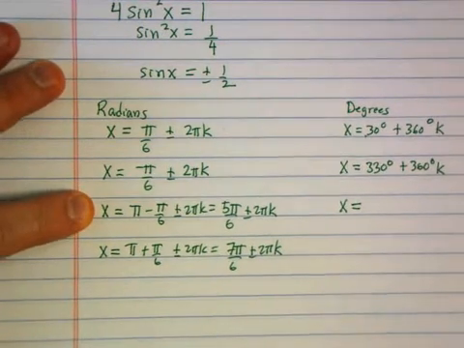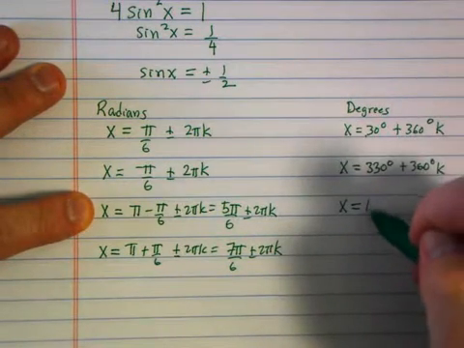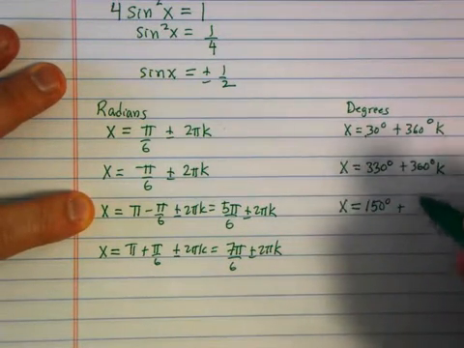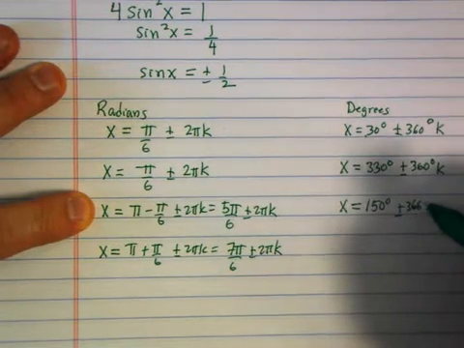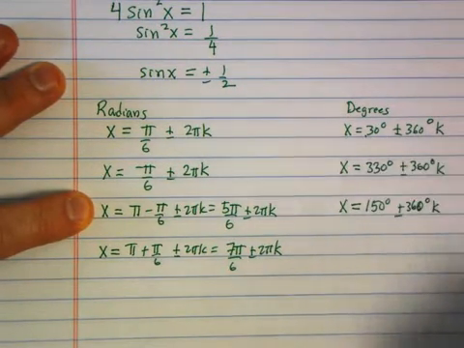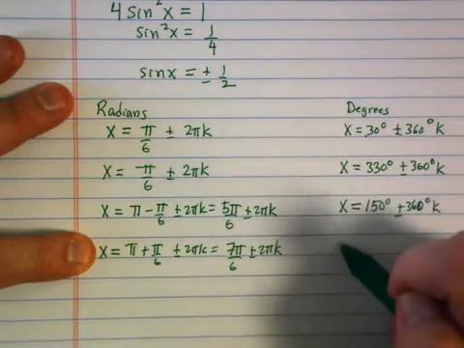Quadrant 2, 150. You take 180 minus your angle. 180 minus 30 is 150. Then 240. And then the last one, you take 180 plus your angle, which is 210. 180 plus 30 is 210.